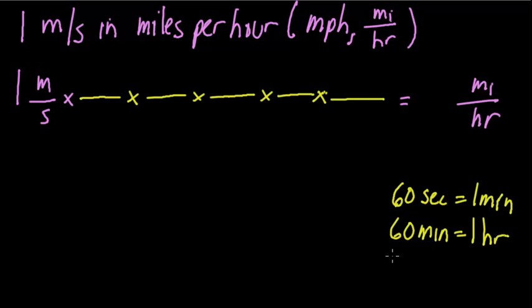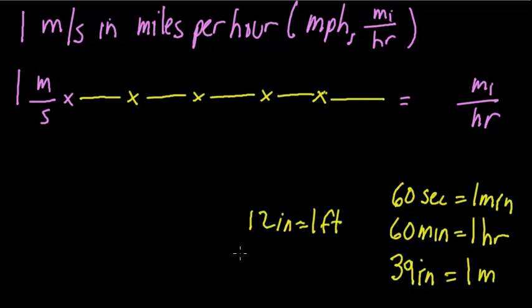The only one I remember off the top of my head is that 39 inches is 1 meter. And then we have all the inches. So, like we did before, we have 12 inches is 1 foot, 5,280 feet in 1 mile.